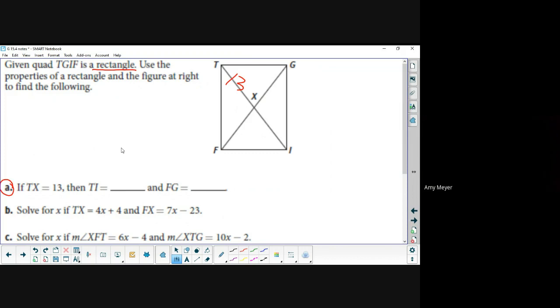I know because it's a parallelogram that the diagonals bisect each other. I also know they are all alike. So if I want T to I, and this is 13, this is 13, TI is 26. What is FG? 26. Yeah.